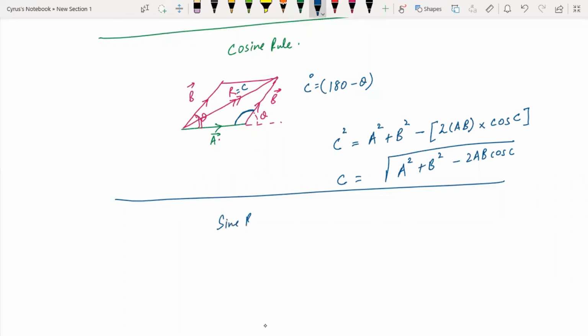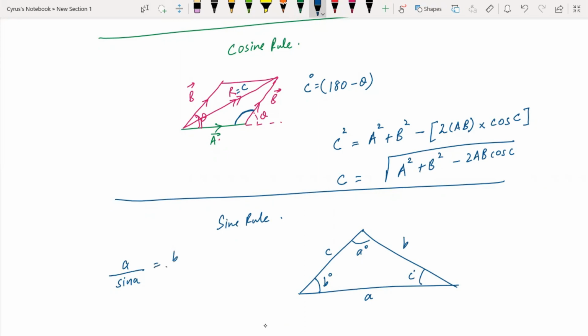What you can do is, for example, you have here angle A degrees, this side is A, this is B degrees, this is B, this is C degrees, and this is C. What you can do is write here A over sine of A is equal to B over sine of B is equal to C over sine of C. So if you've been given two sides and one of the angles, you can find the other angle, right, or other side, right? जो भी आपके पास है.